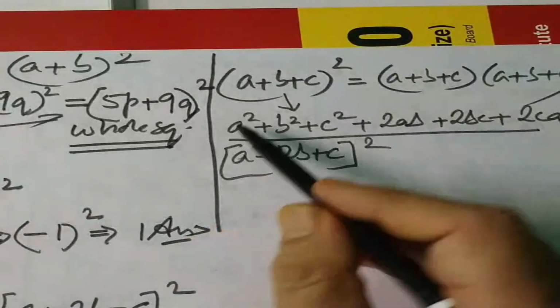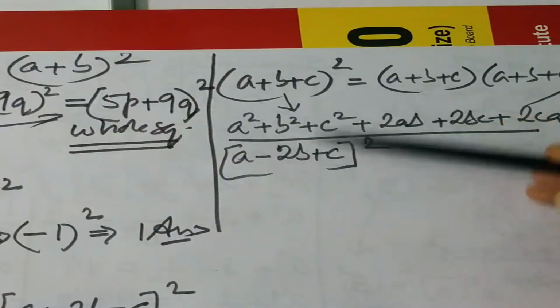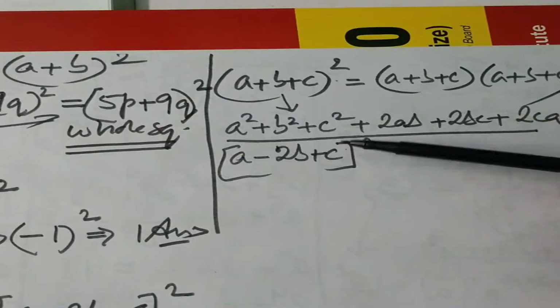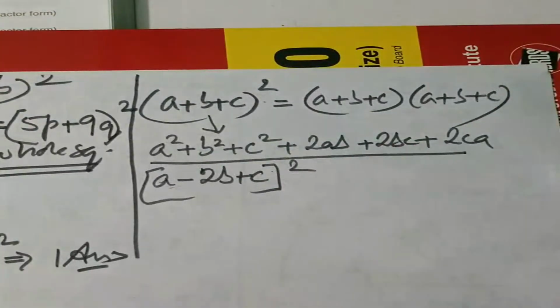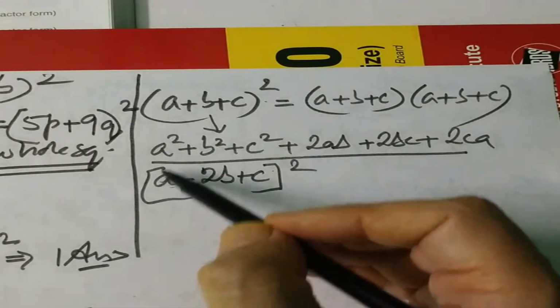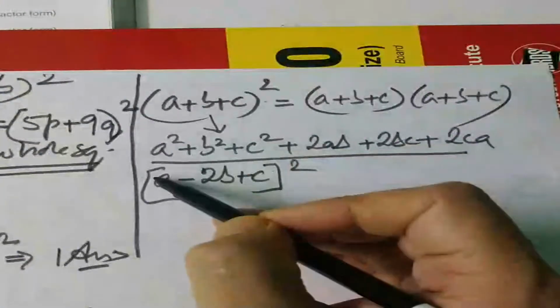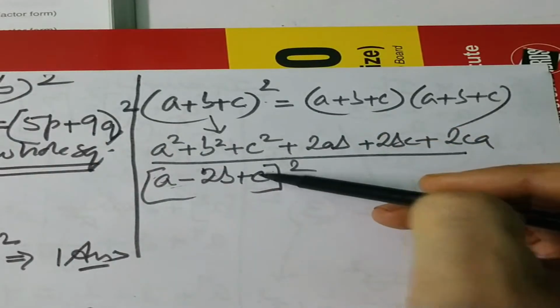So what is a? This is the formula I am using. a is the first term, b is the second term, c is the third term. I have to write the answer of this in this way. The value of a is the first term, b is minus 2b, c is plus c.